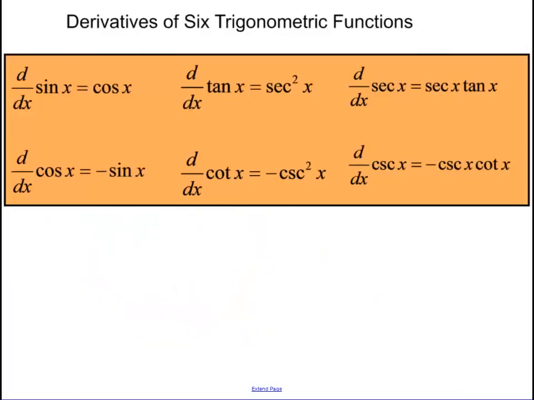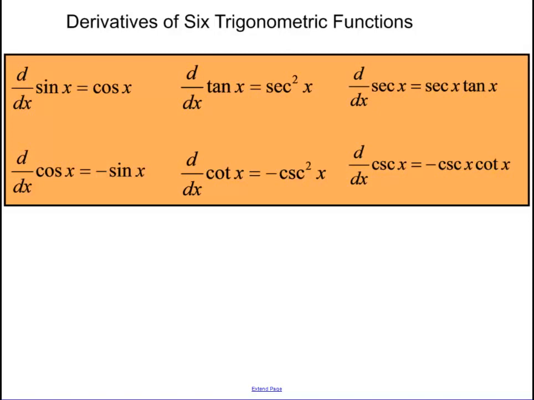Here are the derivatives of the 6 trig functions, and please make sure you have these written down. These are ones that we're going to be using a lot. Now, notice how the derivative of any cofunction is negative. Sine and cosine are paired together.